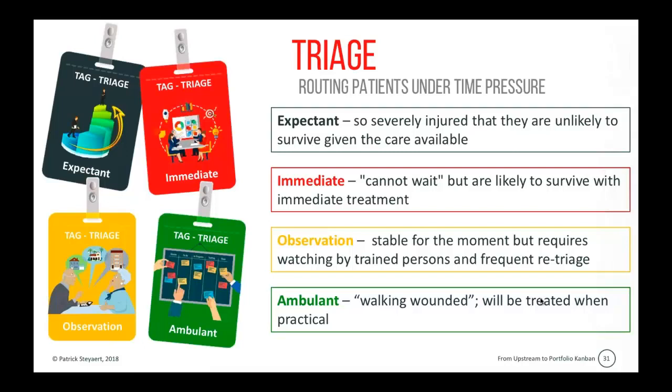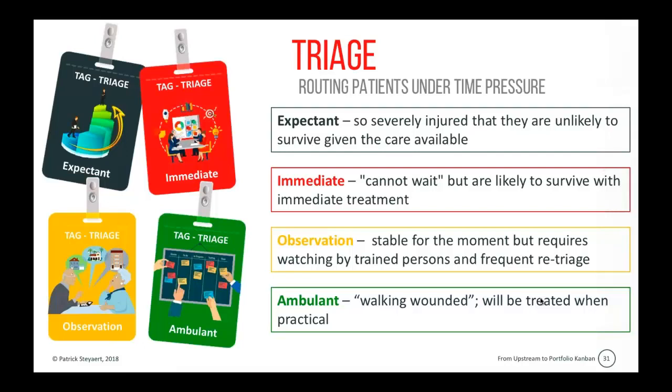So this is the walking wounded. It's the patient that is sent back to the waiting room. They will be treated, but they will be treated when it's practical for us, for the hospital.